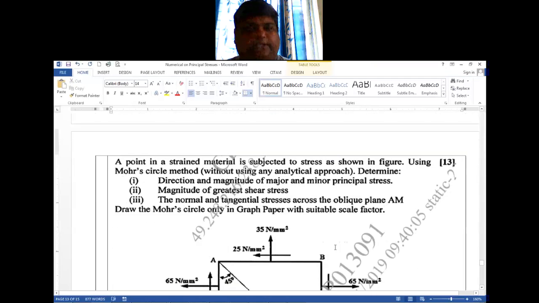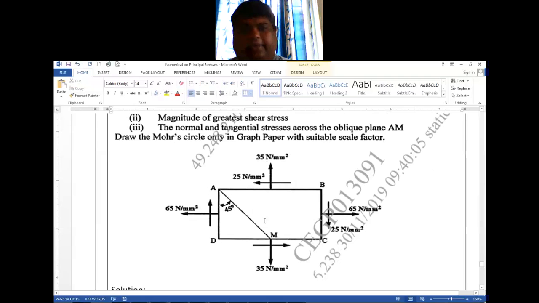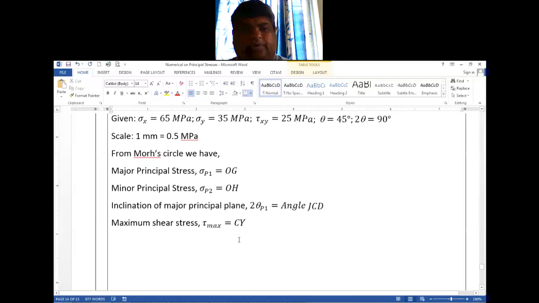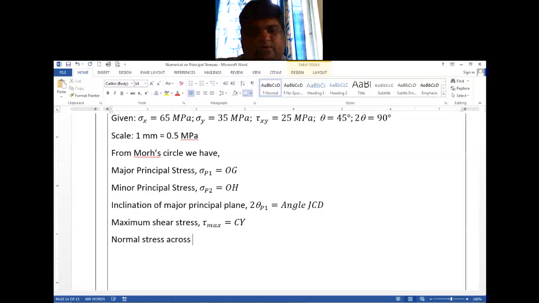What else is asked? The normal and tangential stress across the oblique plane AM, right? So normal and, just copy this. So normal stress is sigma n.